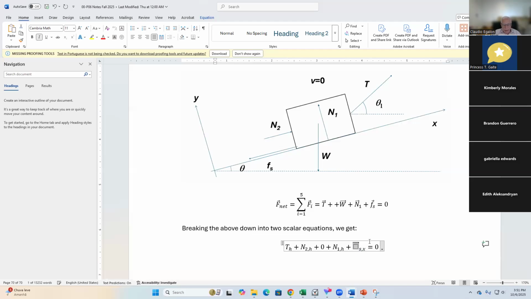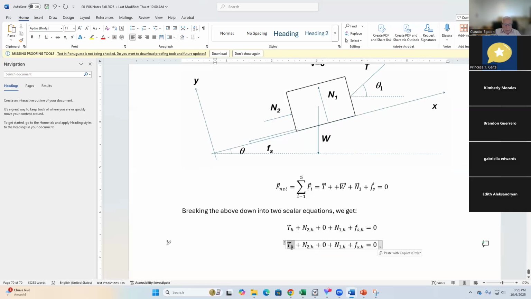Like that. Let's write down H. And then we're going to have the vertical component of the tension, the vertical component of the second normal, the vertical component of the weight, the vertical component of the first normal, and the vertical component of the force of static friction. Okay?